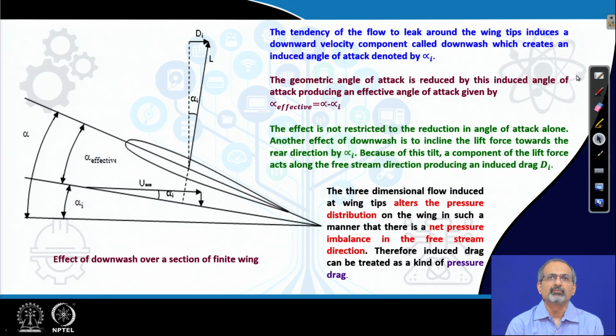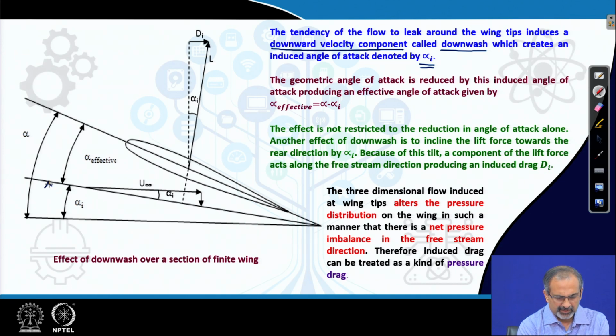Let us try to look at some more features here. The tendency of the flow to leak around the wing tip induces a downward velocity component which is called as a downwash, which we just saw in the diagram. What does it create? It creates an induced angle of attack indicated by alpha I. This is that angle.